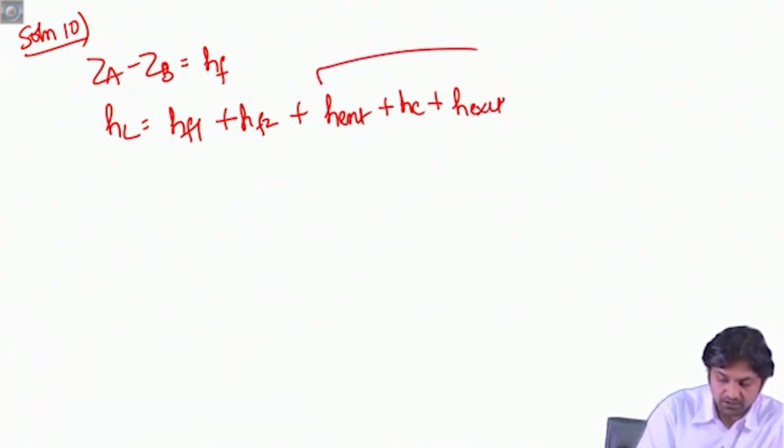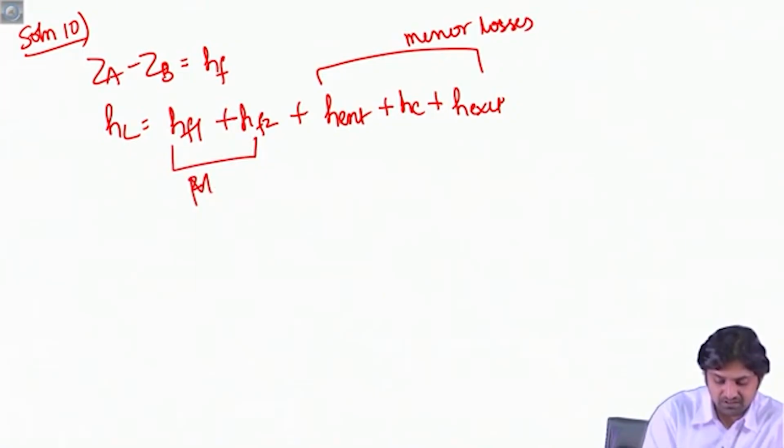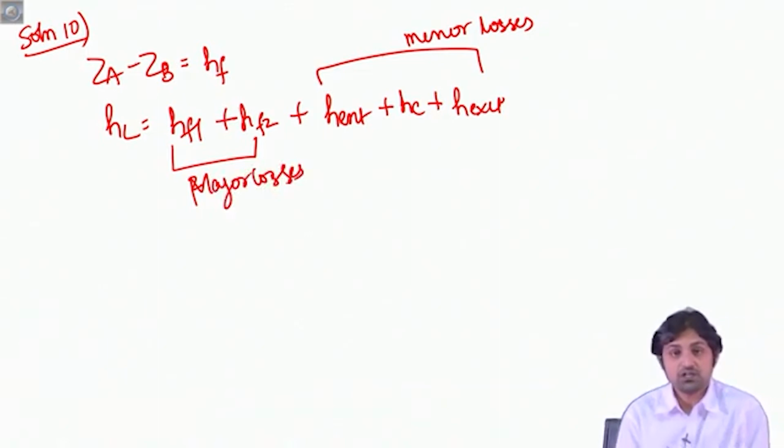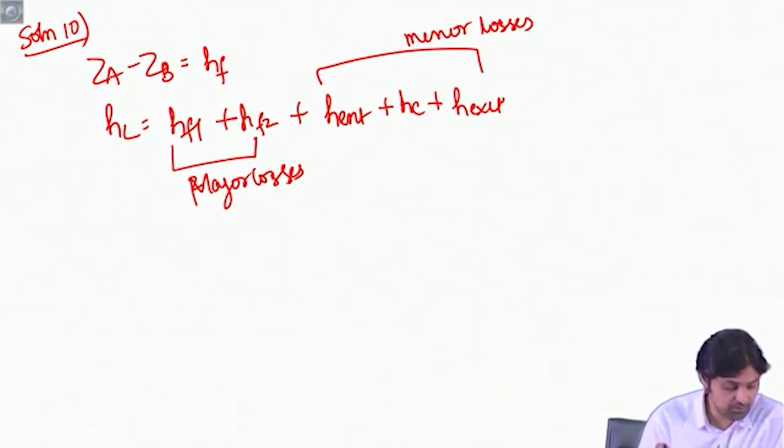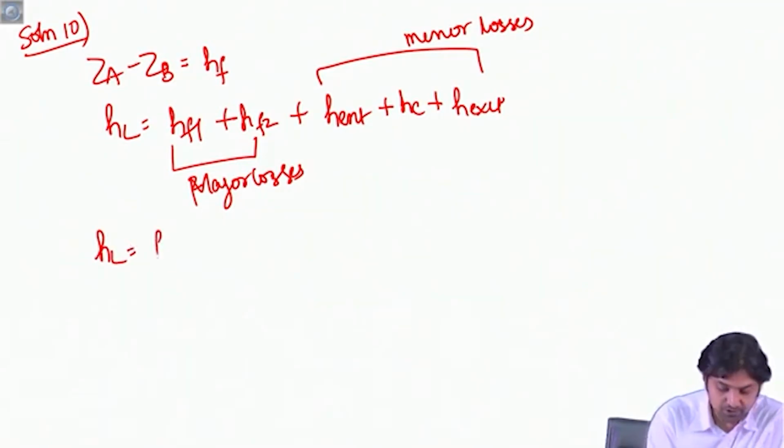The three minor losses and the two major losses. HF1 means major loss in pipe 1, HF2 major loss in pipe 2. Okay. So we can simply write the formula first.